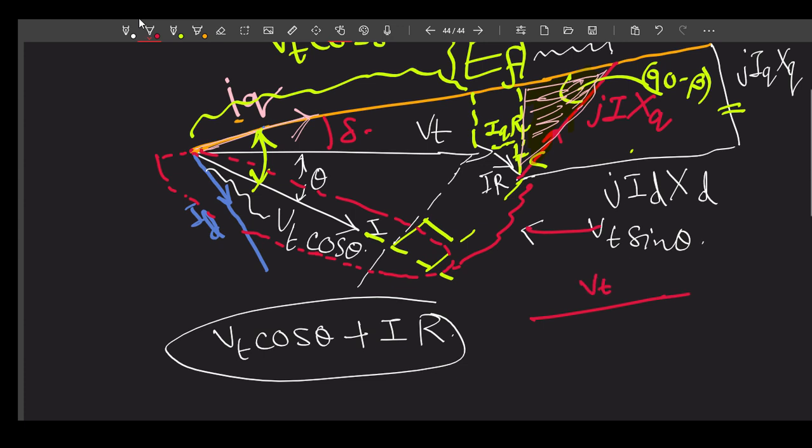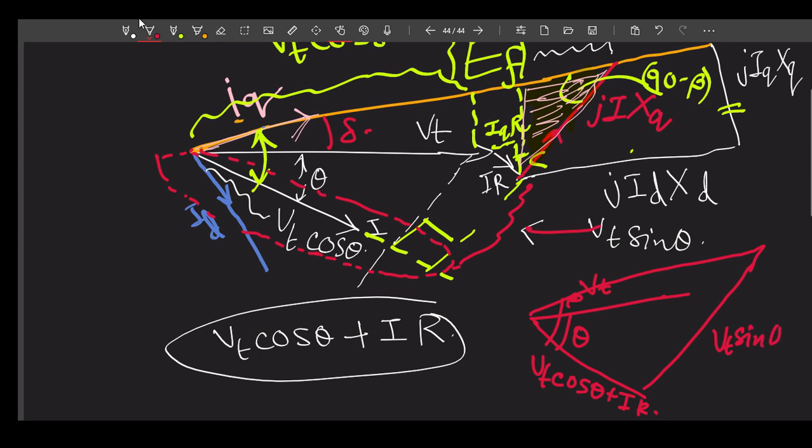This is Vt, this is theta, this side is Vt cos theta plus IR, this angle is beta, and this side is Vt sin theta plus IXq.